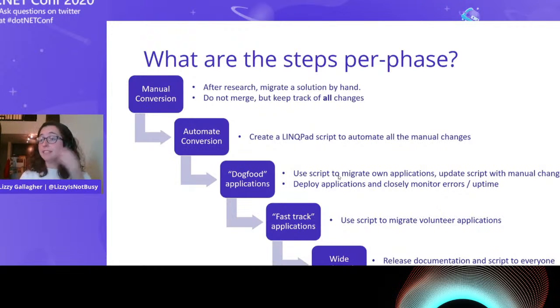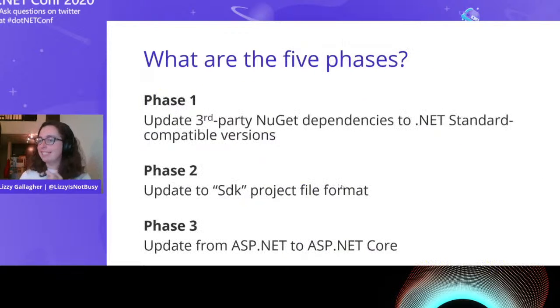All right, so if this is what each individual phase looked like, let me briefly discuss what our phases were. So like I said, we ended up with 5 phases. The first was to upgrade all of our third-party NuGet dependencies to .NET Standard compatible versions. The second, updating to the SDK project file format.